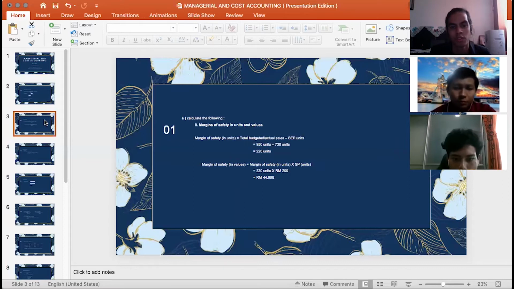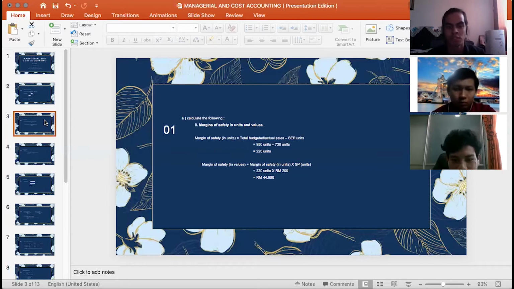Margin of safety in units: the total budget, we have to divide it with actual sales and then minus with BEP units. So total budget divided by actual sales, we have 950 units, and then we minus it with 730 units.